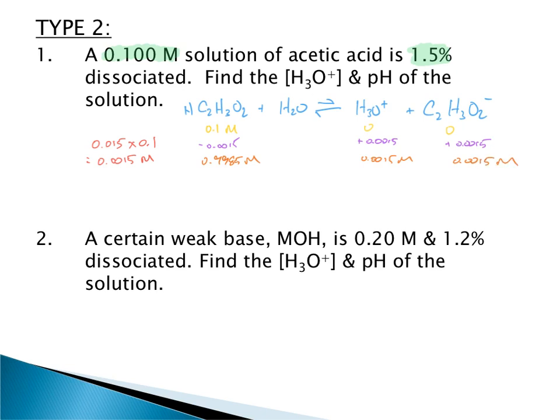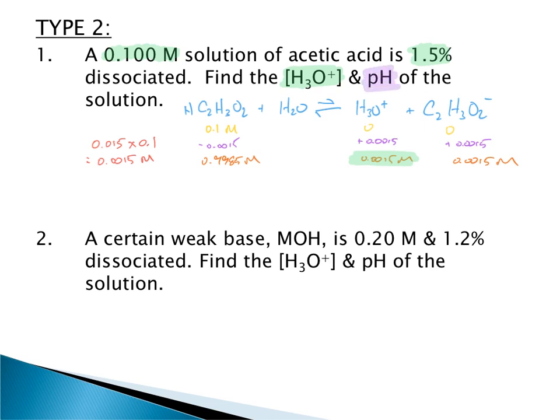Now in this particular situation, the question does ask us for just the hydronium ion concentration. So the real important information is right here, because that tells us what the hydronium ion concentration is. But it also asks us for the pH.